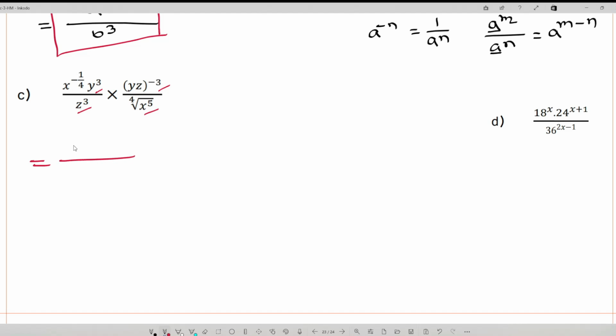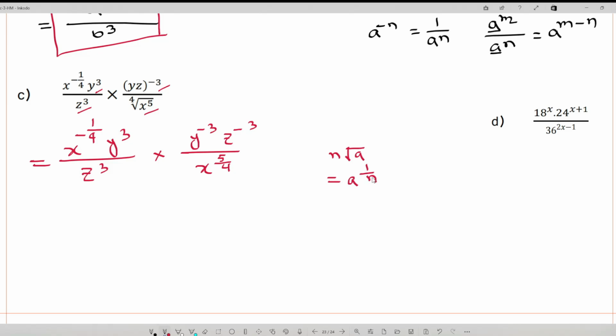So first here is x to the power minus 1 by 4 and y cubed, and here is z cubed times yz to the power minus 3, we can write y to the power minus 3 z to the power minus 3, and we will omit this root sign, so we can write like this, x to the power 5 divided by 4. How? Because we know the nth root of a, we can write a to the power 1 by n.